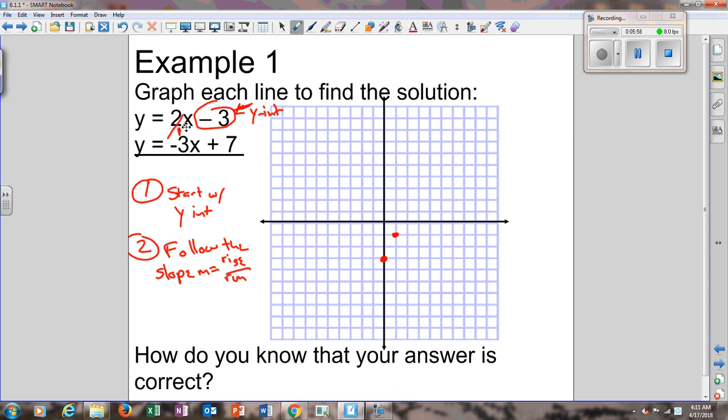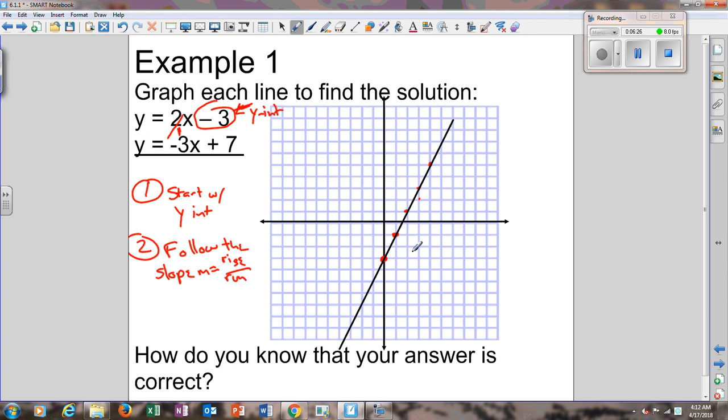So that's got to be a 1 in the bottom. So you go up 2, that's the rise, and the run is over 1. Up 2 over 1, up 2 over 1. You get the point. Now we're not worried about dotted or not dotted lines anymore for now. So we drew our first line.